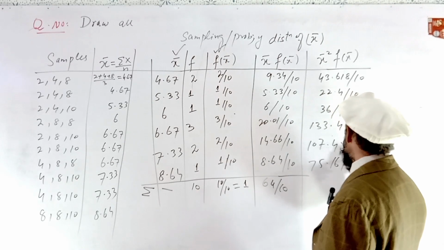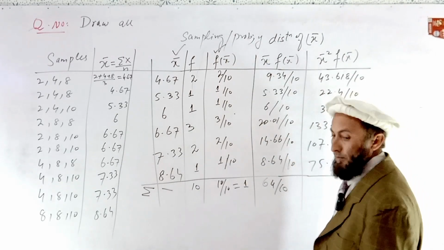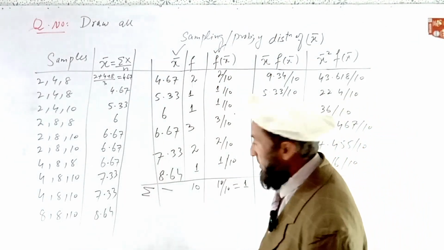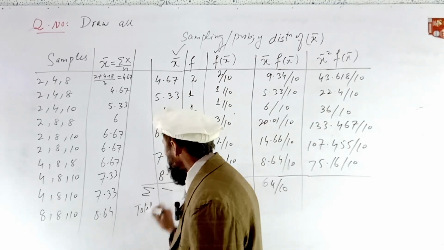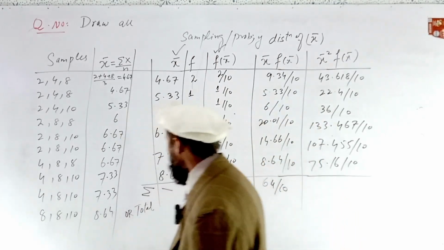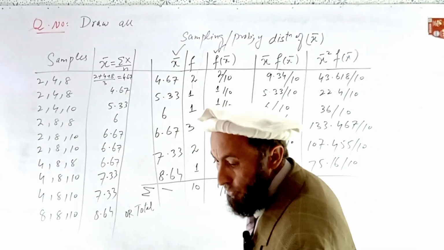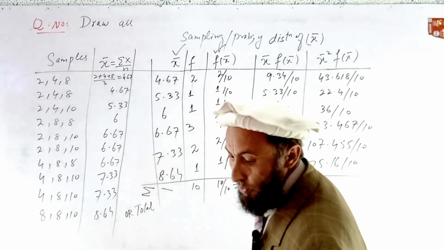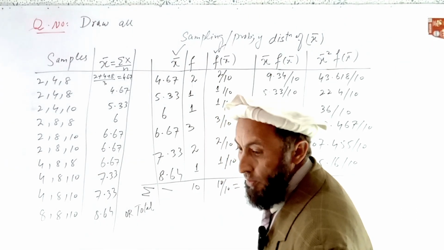Similarly, 8.64, if we square this number according to this formula, we get 75.16 divided by 10. Now we add the sum of this column. Total of these columns replaces sigma; we can write sum, sigma, or total, all are the same. 422.12.